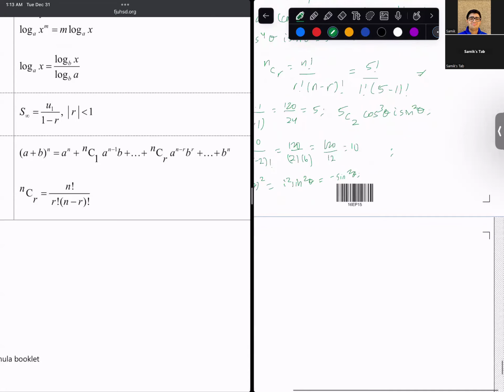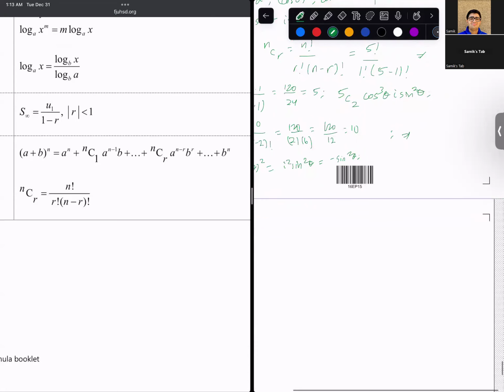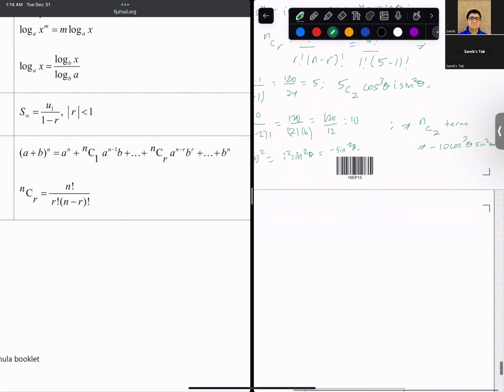Okay, so then we have our second term, the nC2 term, which will be equal to minus 10 cos^3 theta sine^2 theta. And remember, the i is not there in this term, because i squared becomes -1.